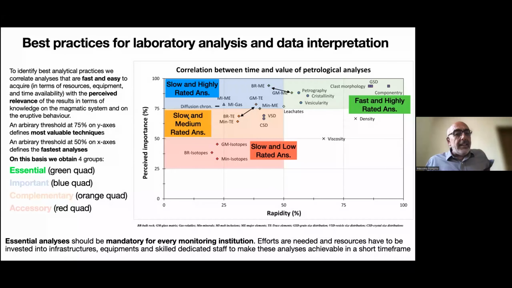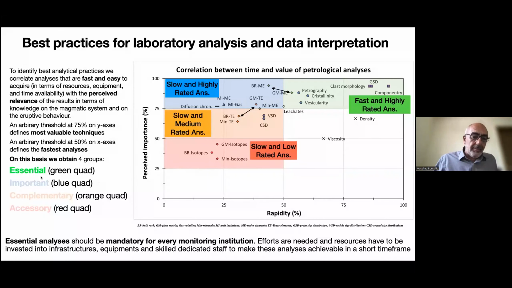Other analyses that are important, for example, vesicle size distribution, crystal size distribution, and bulk rock trace elements and mineral trace elements, and other analyses like isotopes on groundmass and bulk rock, are less important.